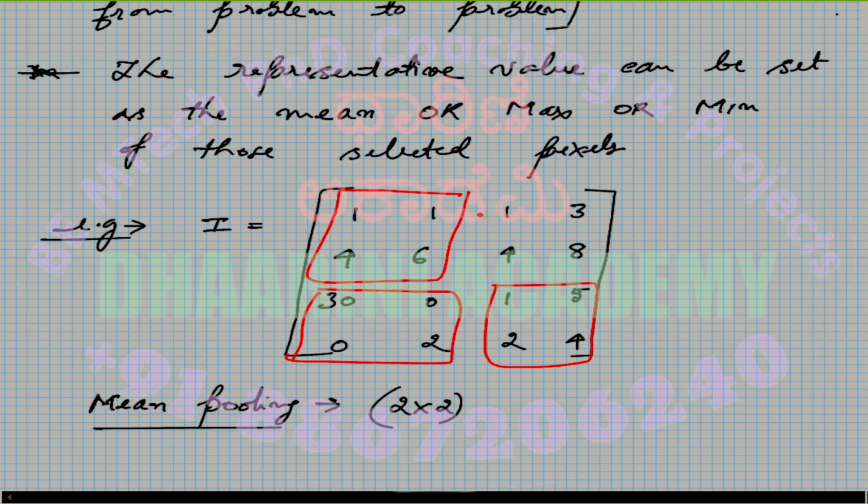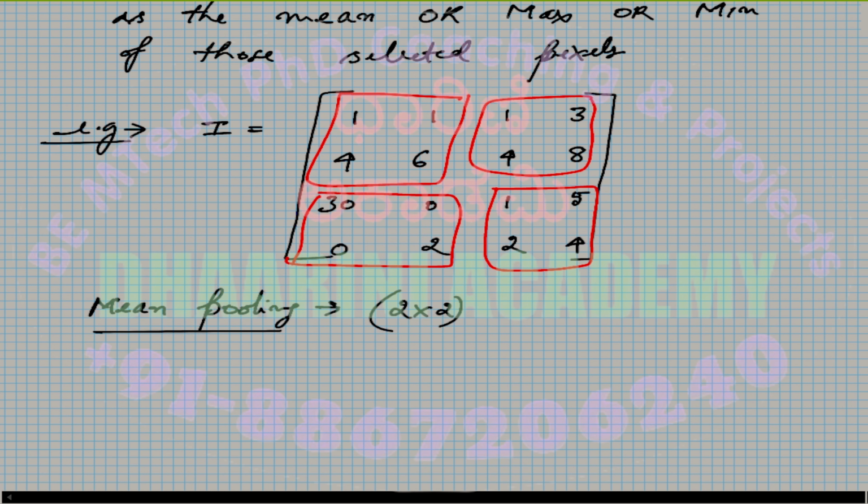Now the name suggests I am going to perform the mean pooling of this image, which means take the sum and divide by 4. So I do 4 plus 6 plus 1 plus 1 and divide by 4. I'm going to get a 3 over there. Next, 1 plus 3 plus 4 plus 8 divided by 4 is 16 by 4, so 4.